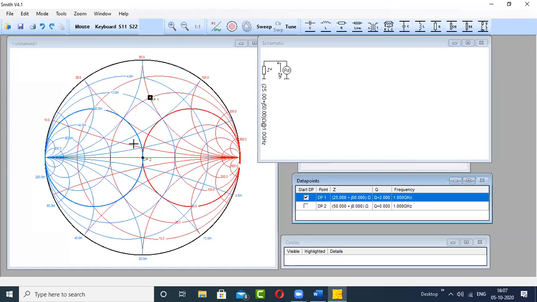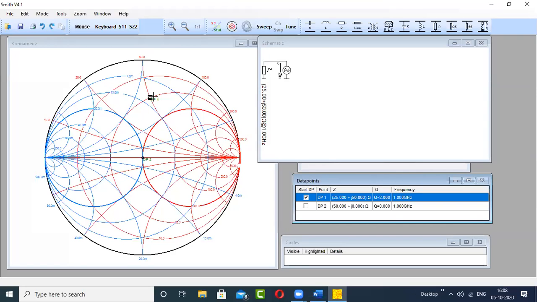The blue part of the chart represents the admittance chart, so we have to talk in terms of conductance and susceptance. This blue circle passing through the center is just the inverse of this red circle, and these two circles are the only ones which pass through the center of the Smith chart.